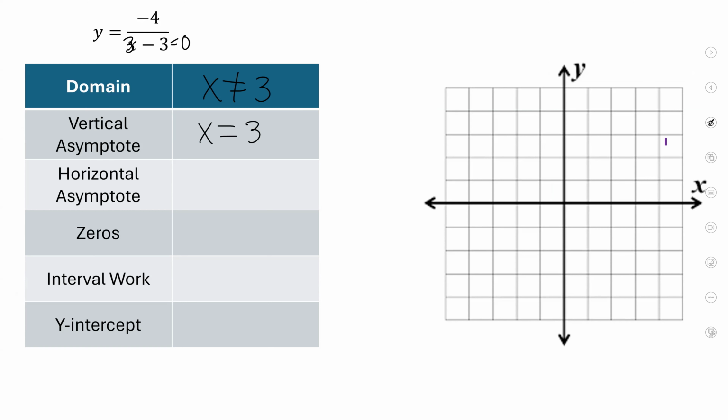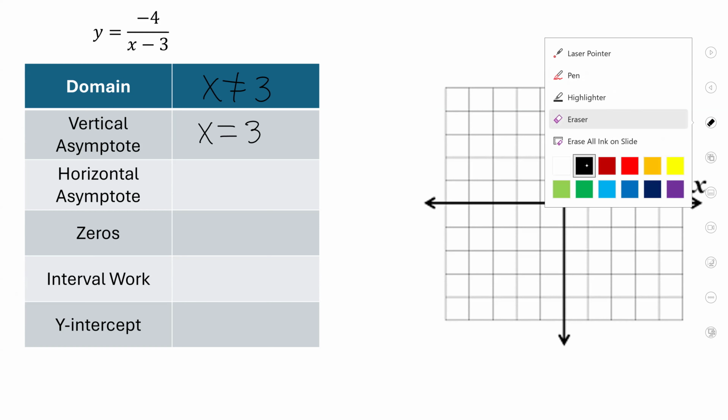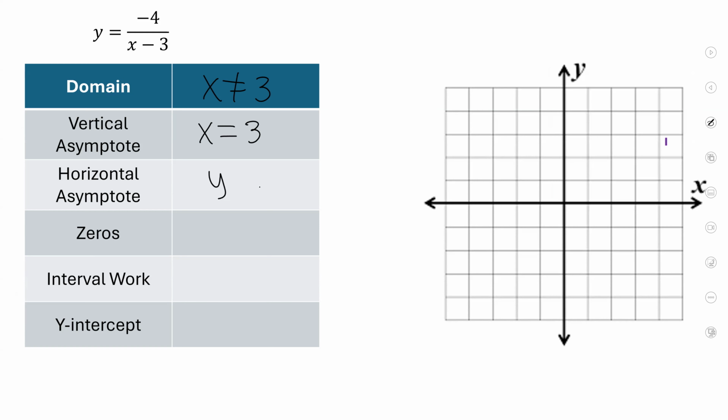Horizontal asymptote: our degree in the denominator is larger than the degree in the numerator, so your horizontal asymptote is y equals 0. Your zeros, you set the numerator equal to 0, but that is not a true statement. So you have no zeros. Your y-intercept, you plug in a 0 and see what's left over. We're left with 4/3.